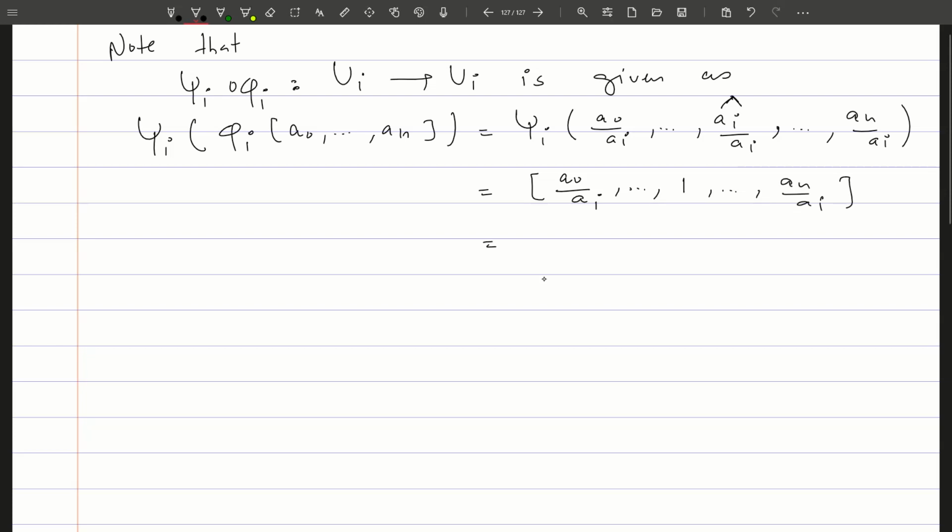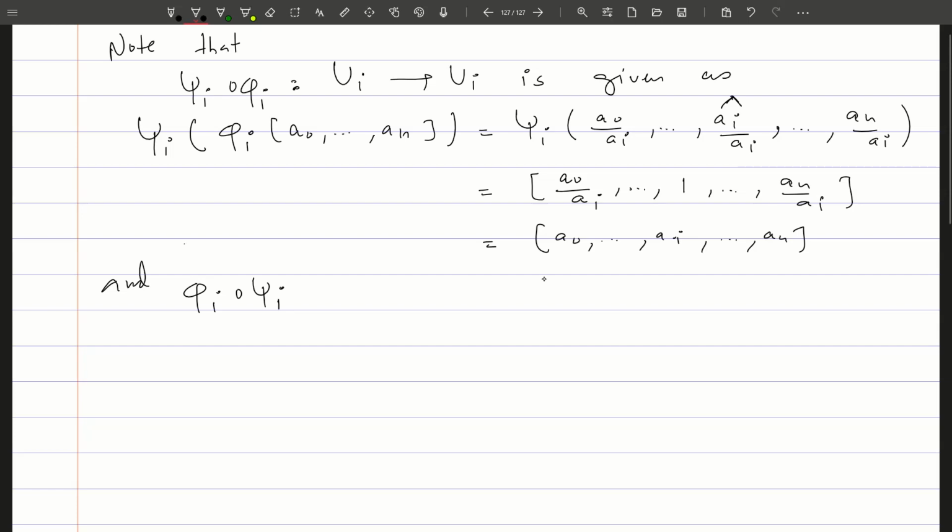But this point is the same, because ai is non-zero, so we can multiply by ai to get back the point a naught through an. And if we do otherwise, I mean phi i composed with psi i, one can note over here that this psi i of phi i behaves as the identity map.